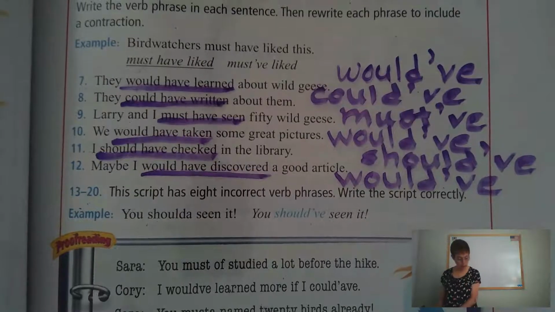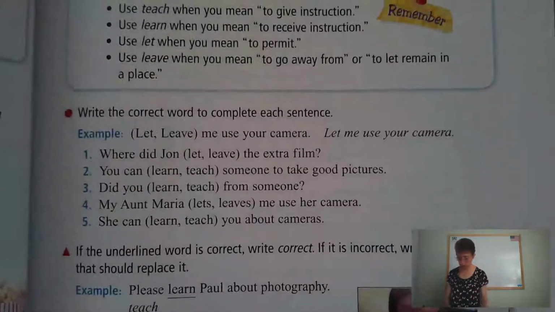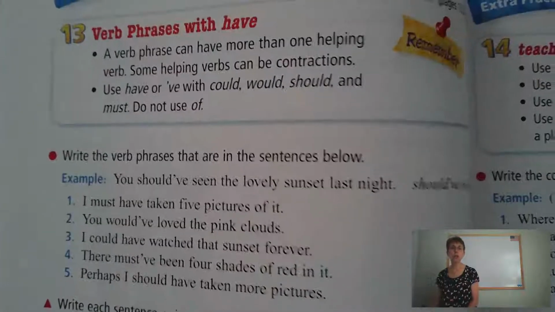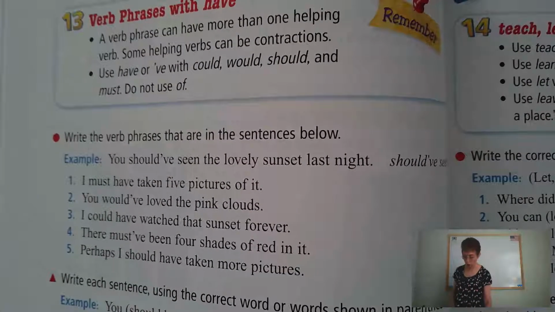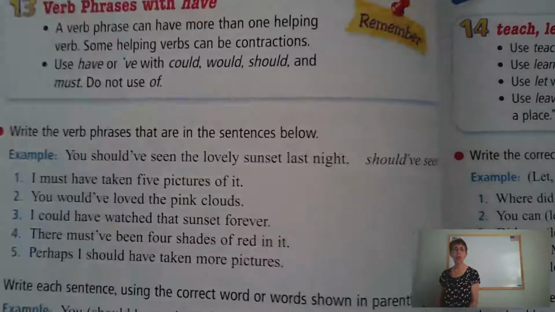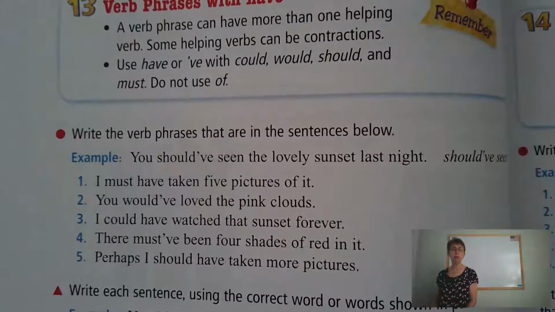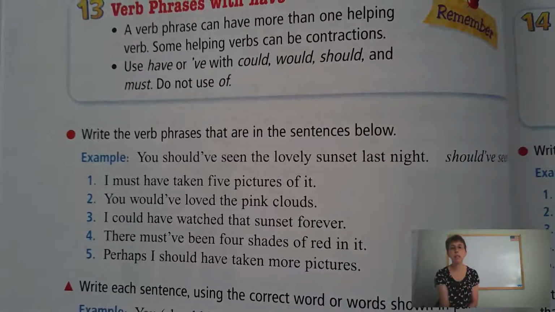All right, I would like you to take a look with me now, please, page 148. On page 148, again, verb phrases with have. You will complete all of page 148. Let's take a look at what the directions ask you to do. The first section, write the verb phrases that are in the sentences below.